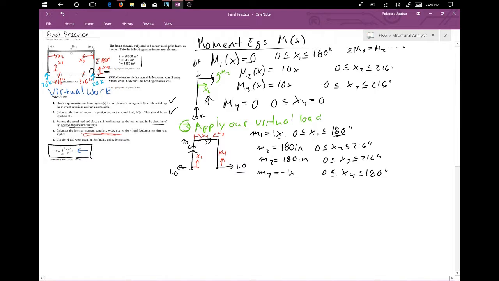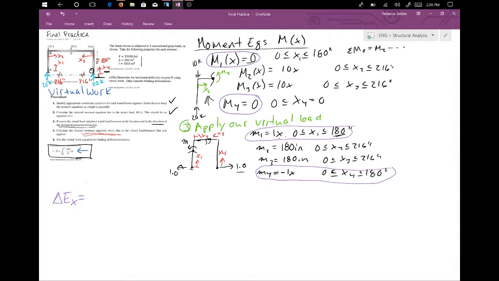So the deflection of E in the X direction is going to be equal to, and so we have all these different equations, but notice this is 0, and this is 0. So this one will be going away because we're just going to be multiplying it by 0 and we'll get 0, and this one will be going away. So we're really only looking at these two.